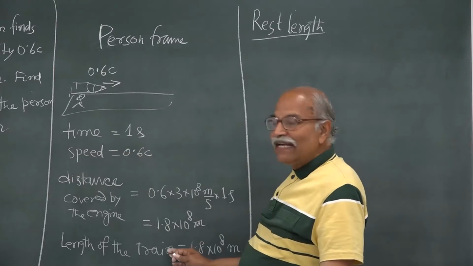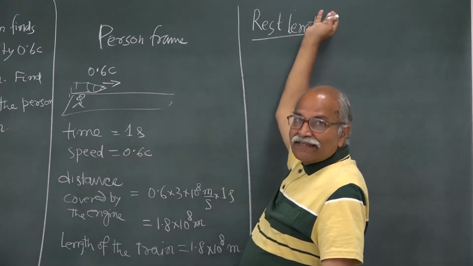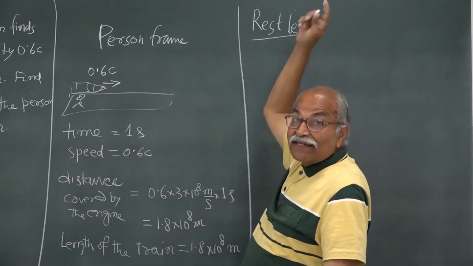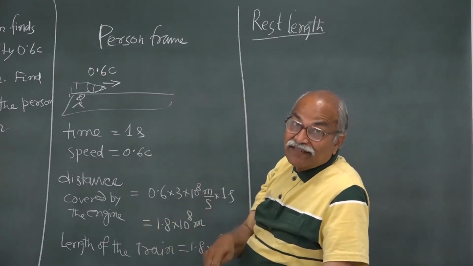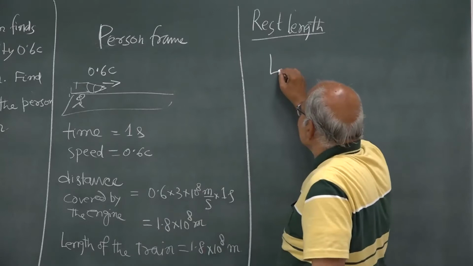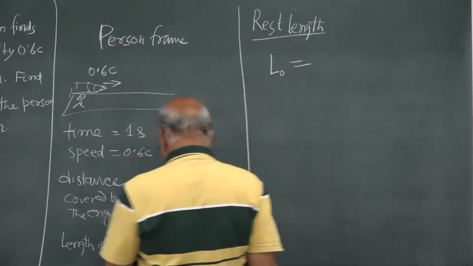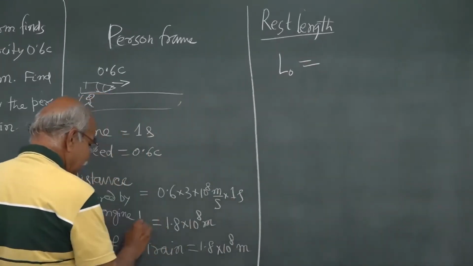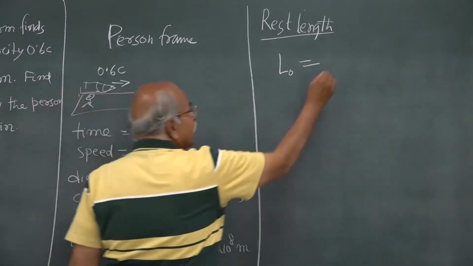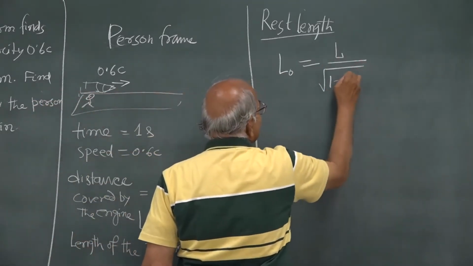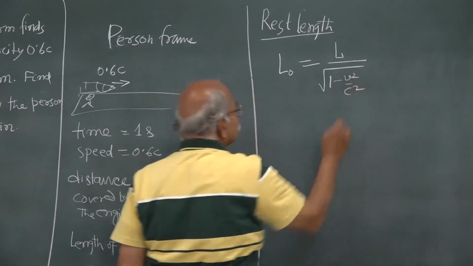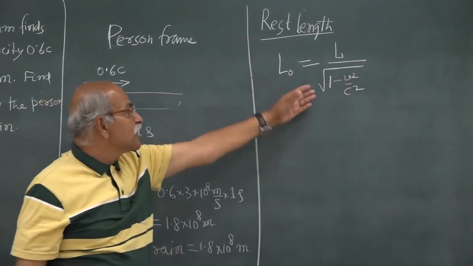So, this is the moving length and this is the rest length from the train's frame, and rest length is always larger than the moving length, and therefore, if I call this length L, the rest length will be L divided by square root of 1 minus v square by c square. It has to be larger, so you have to divide by this.